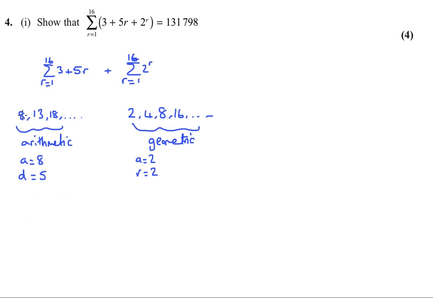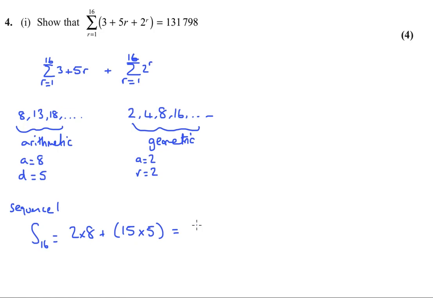So for the first sequence, well, we want the first 16 values, so no point in calling it U and V. Let's just do sequence 1, because I'm going to use the S anyway. Sum of the first 16 values, the formula is 2a, so that's 2 times 8, plus n minus 1, so that's 16 minus 1, so 15 times d, which is 5.